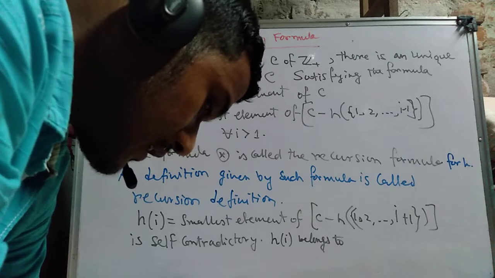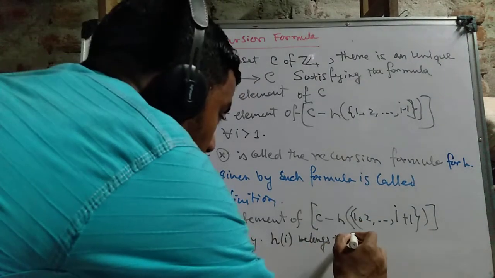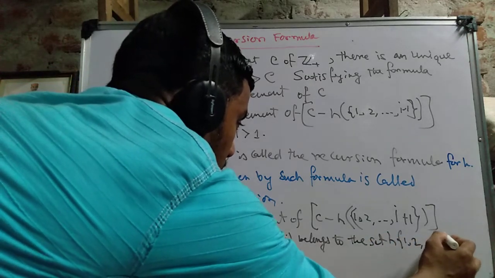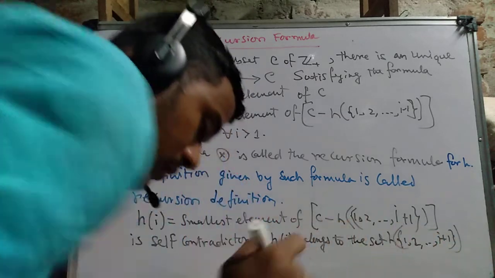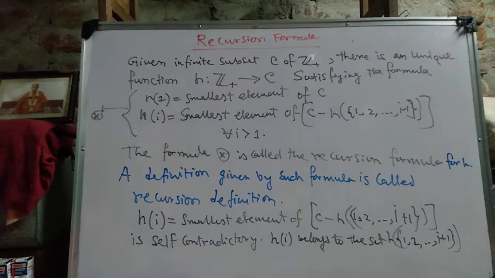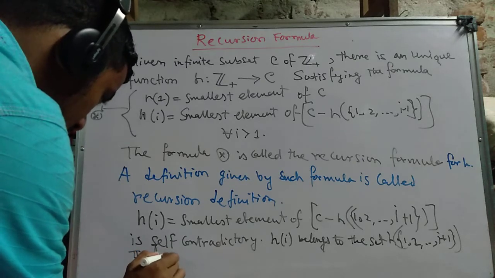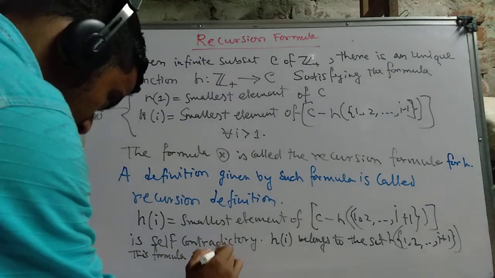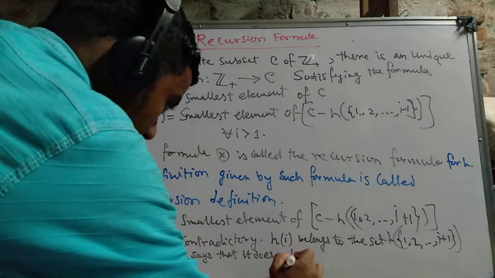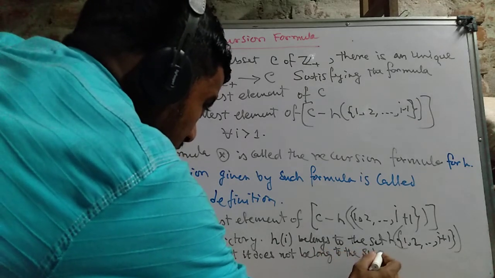Although h(i) necessarily is an element of the set, this formula says that it does not belong to the set {h(1), h(2), ..., h(i+1)}. Here this formula says that it does not belong to the set.